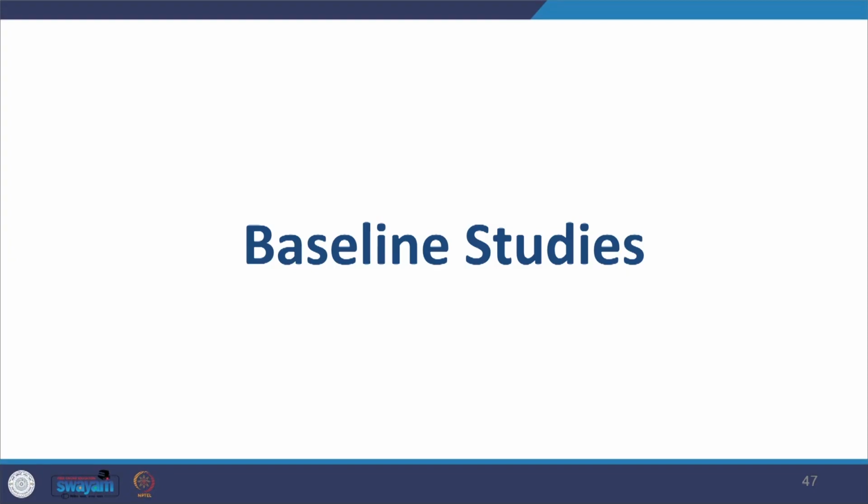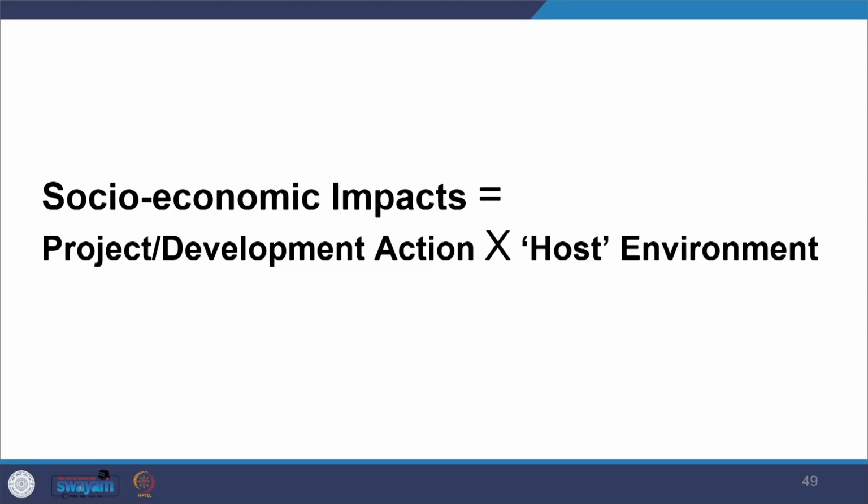Now, looking at the baseline studies. If we try to understand socioeconomic impact, it is said to be the interaction between what development activities will happen and what kind of actions will be taken because of that, and its interaction, its multiplication, with the characteristics of the host environment.